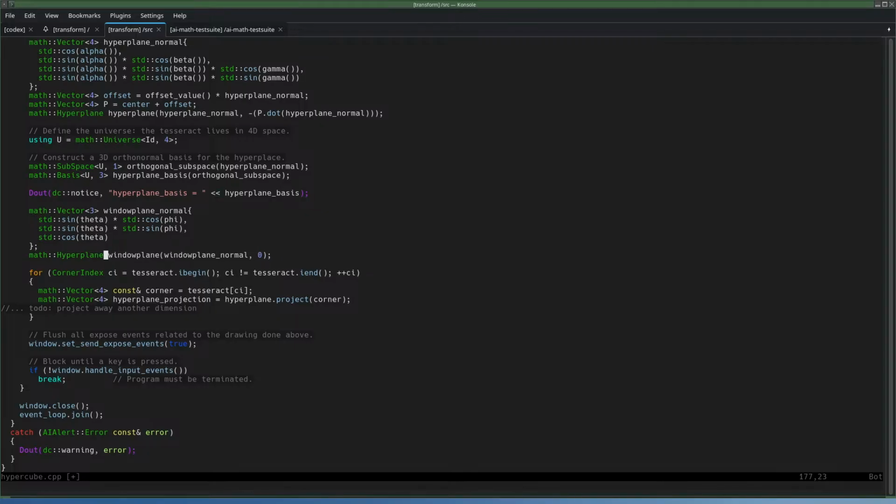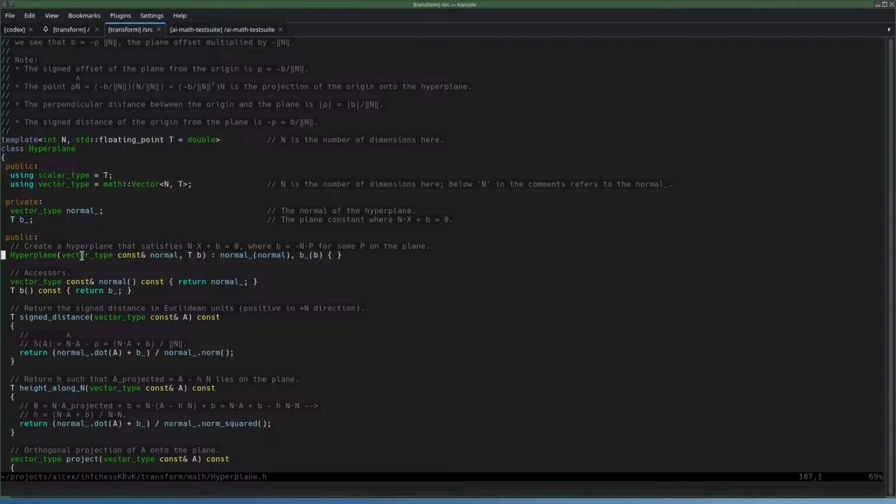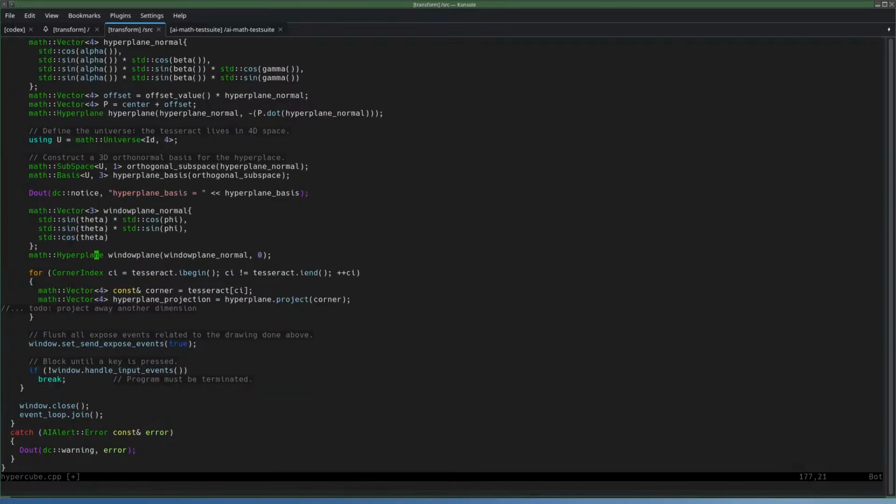It will figure out what from the constructor arguments. In this case, we pass a vector type, and the vector type has an n and a t. So it knows the n and the t. Therefore, the n and the t are known for the hyperplane template.